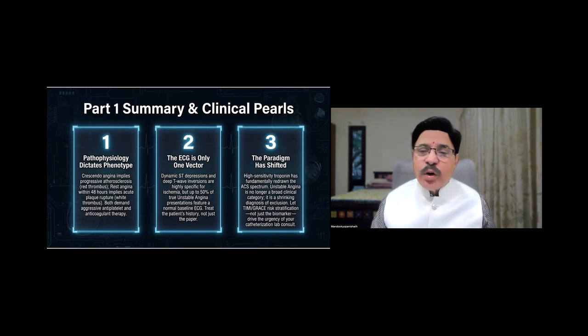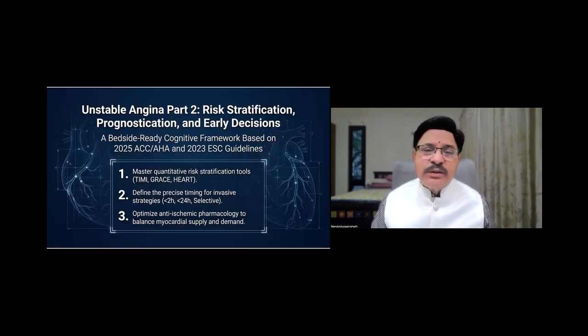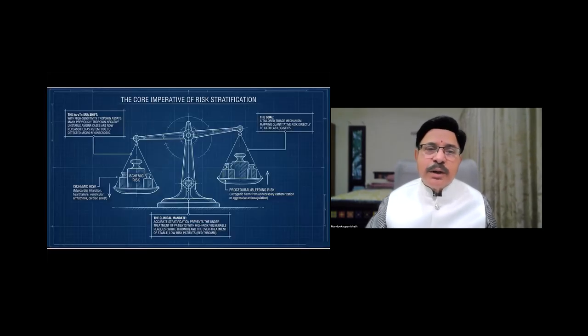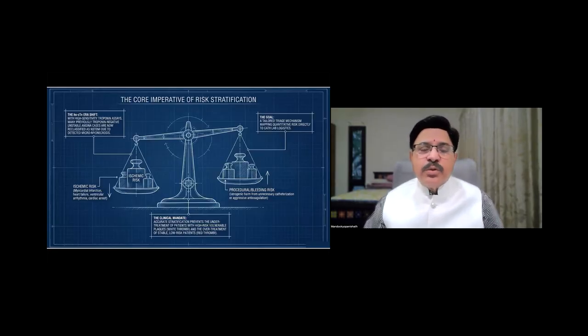Now, what is TIMI? What is GRACE? How to apply them? What is the HEART score? This is a bedside-ready cognitive framework based on the 2025 ACC guidelines and 2023 ESC guidelines, second part. Now, you see, I have a patient with ischemic risk.